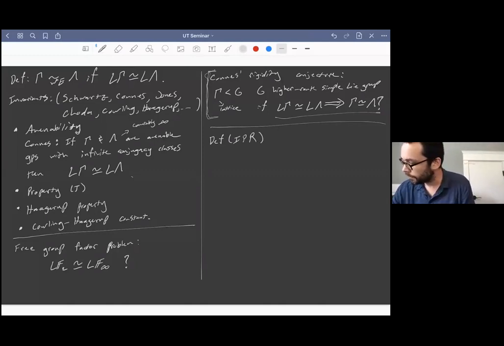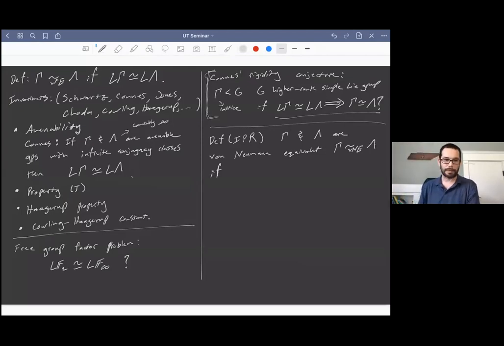We say that Gamma and Lambda are von Neumann equivalent if, so what I'm going to do is take the definition for measure equivalence, and just make that measure space non-commutative. So it's not a very difficult definition.